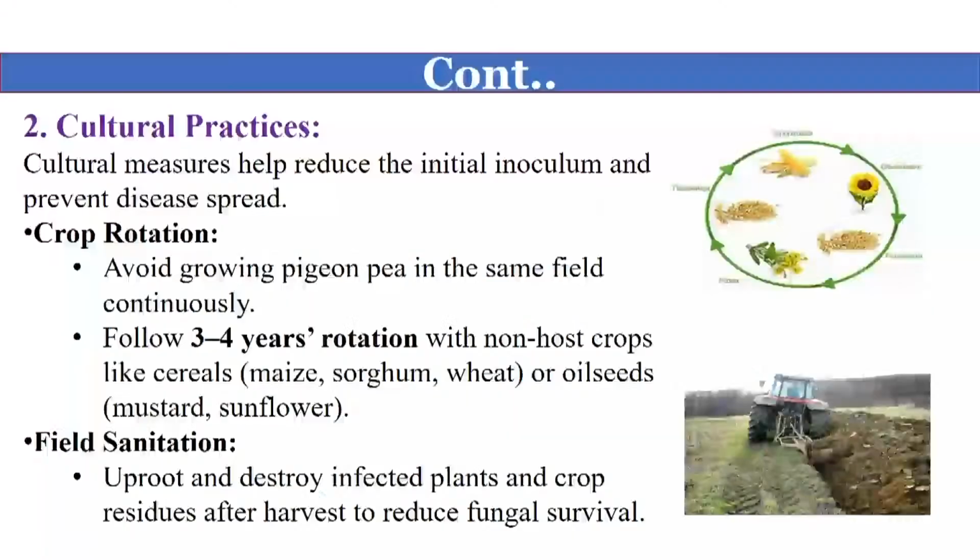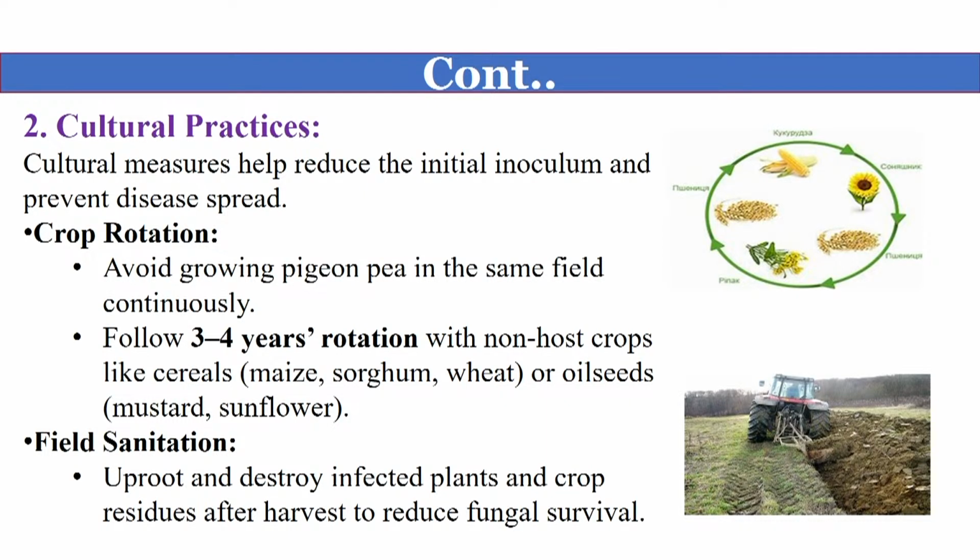And next are the cultural practices. It is very important to know about the cultural practices, how they can minimize the disease in the complete management process. First of all, crop rotation: it is very important to avoid the crop for at least 3 to 4 years or more, rotating with non-host crops like cereal crops, maize, sorghum or wheat, or oilseed crops like mustard or sunflower, apart from the pulse crop.